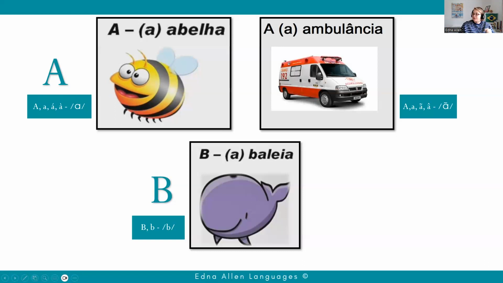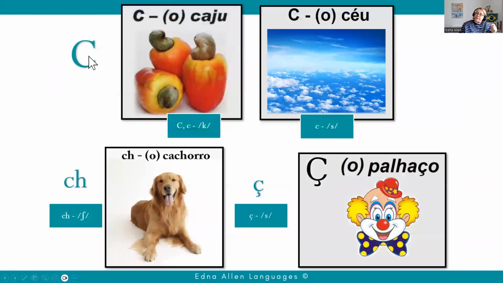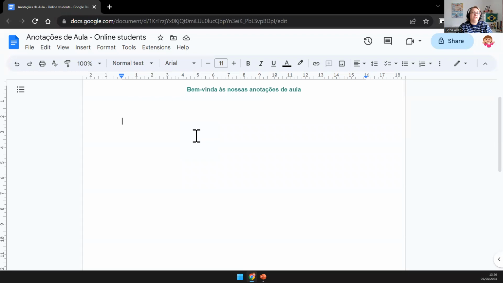Vamos continuar. Let's continue. Aí nós temos o C. C could have a few different sounds. It depends on what you have next. That's why I chose here for us to make a few notes. So if you see that your C comes with A, O, or U, you're going to pronounce it like that. Tá, né?